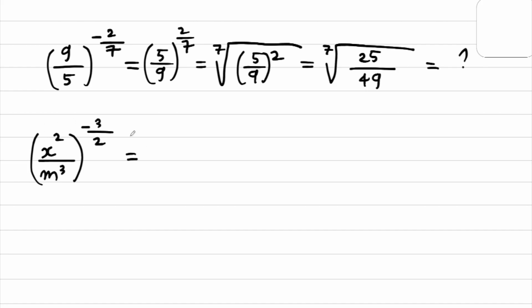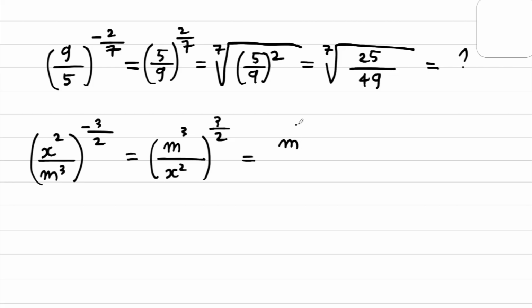I think for this one, I will apply the first step. m cubed will be here and x squared will be here, the reciprocal of the original base number. After we take the reciprocal, I will have positive indices here. So after this step, I will apply the power number outside the bracket to each numerator and denominator.